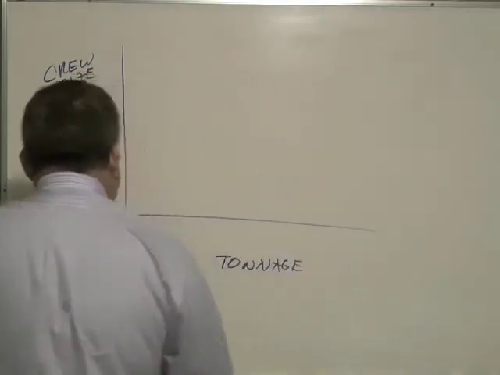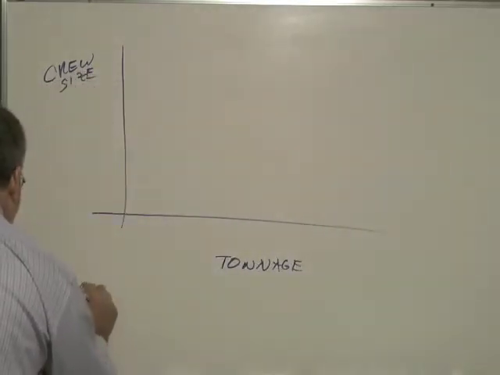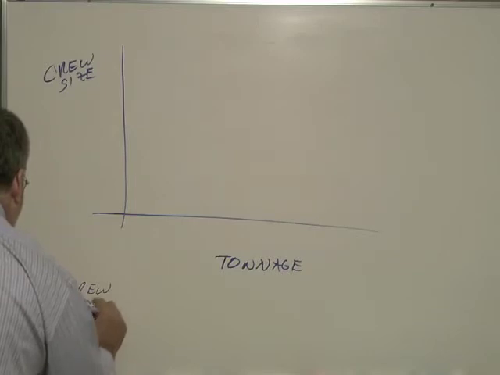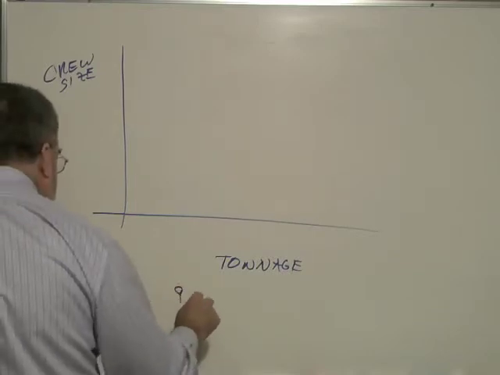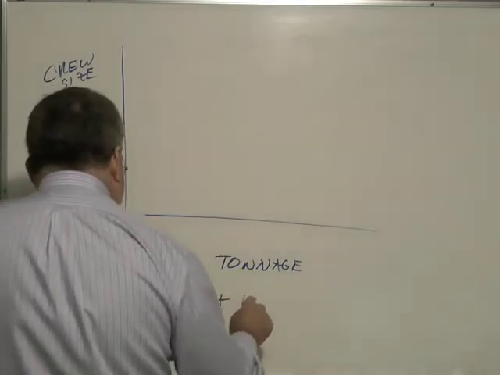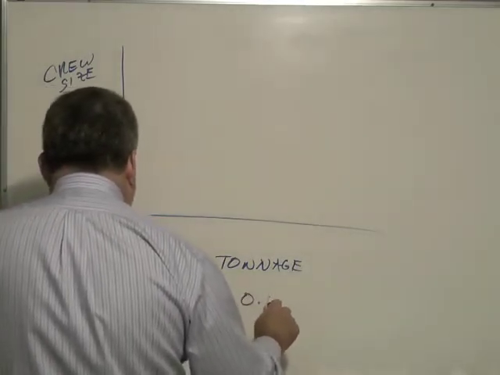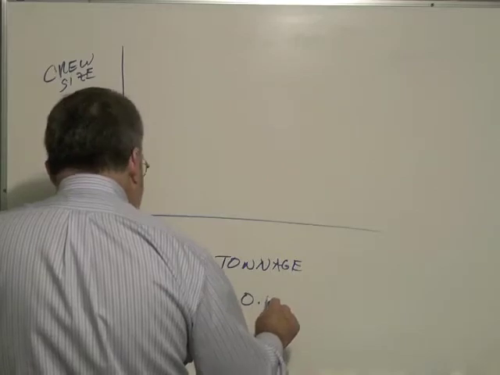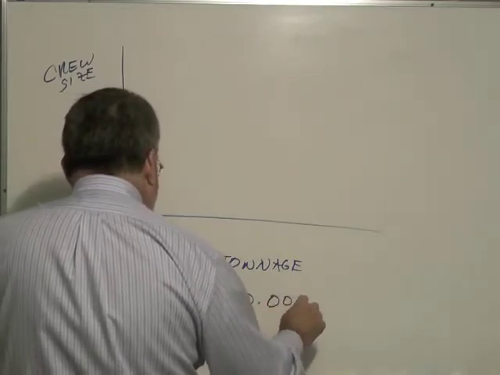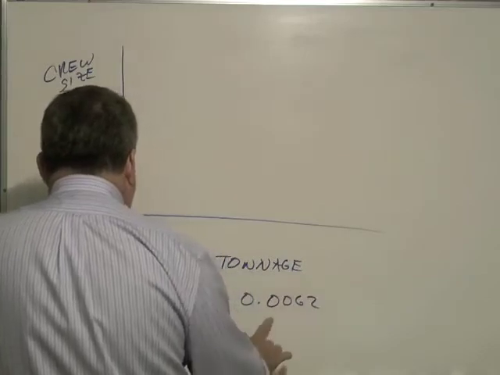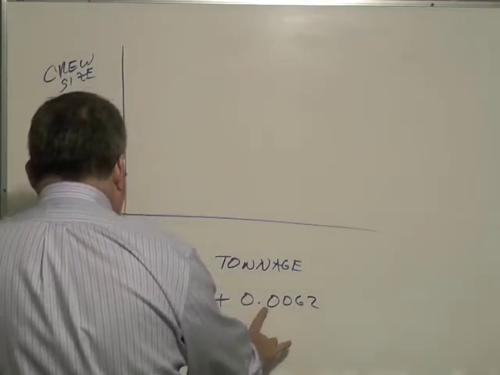Crew size, in other words, the number of people it takes to run a boat, is 9.5 plus 0.0062. So please fix that. Your book has an extra 0 here.